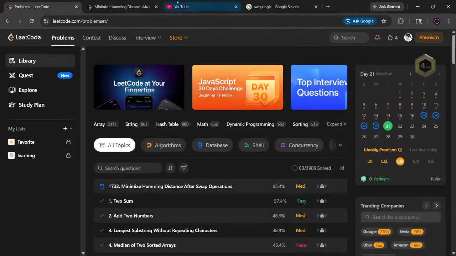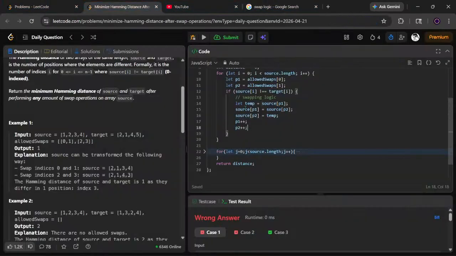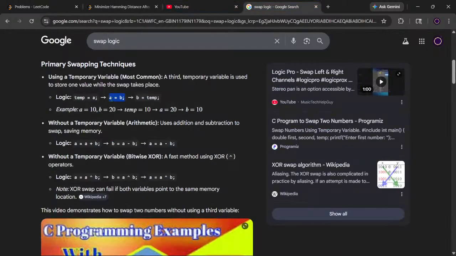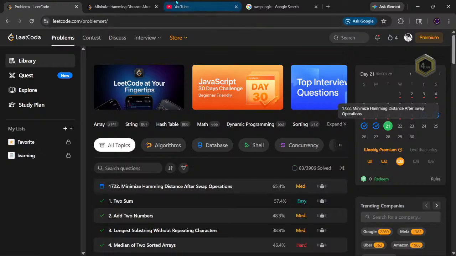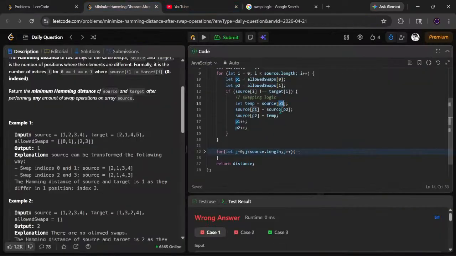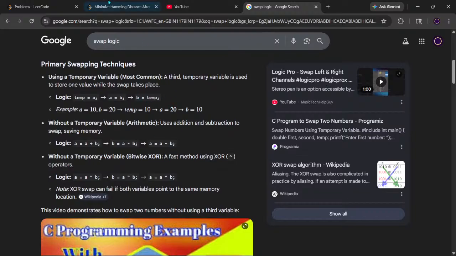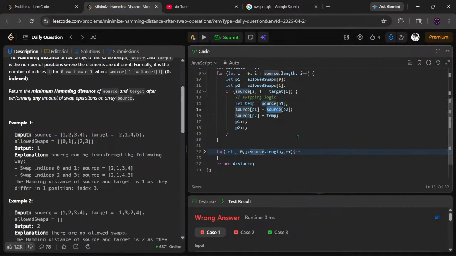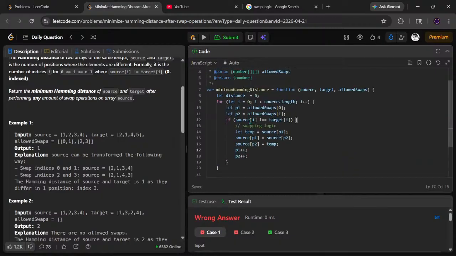Temp equals source A, and source A equals source B, and source B equals temp. It is proper, man. But I think anyhow this is failing. I think this is not the way you can do that. We need to think of some other logic right now.